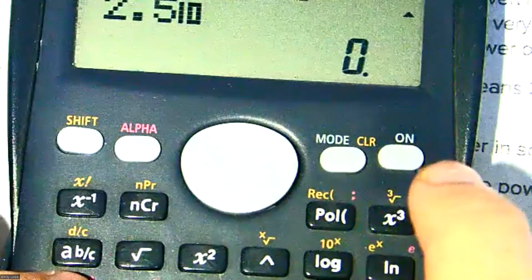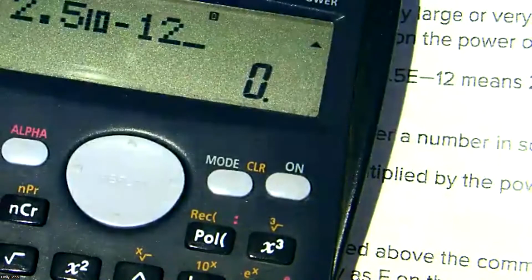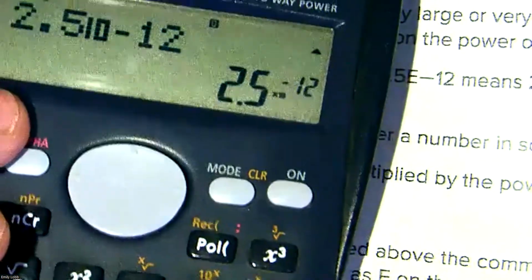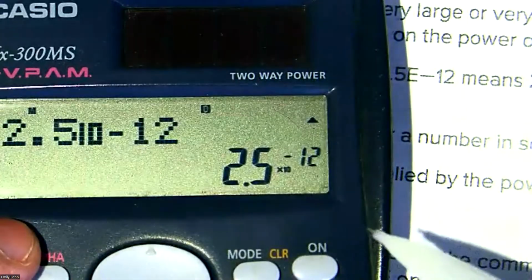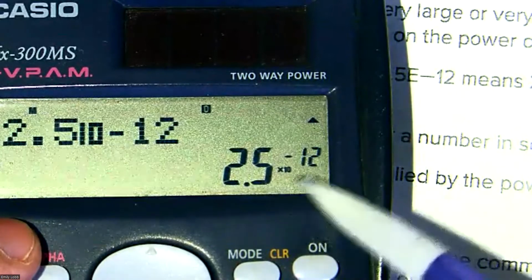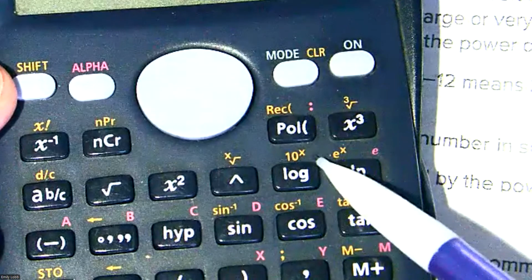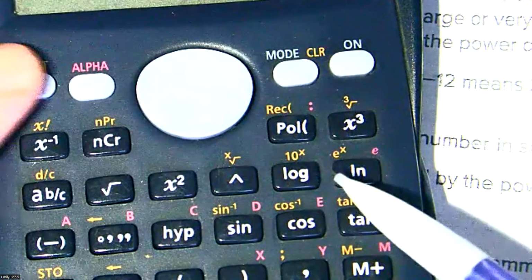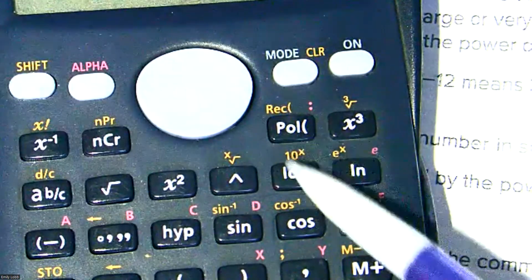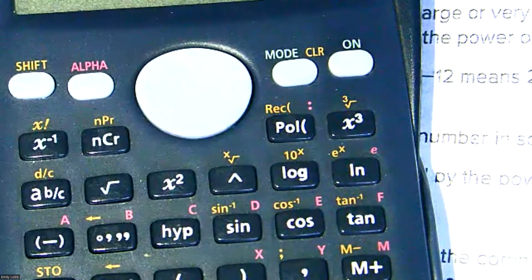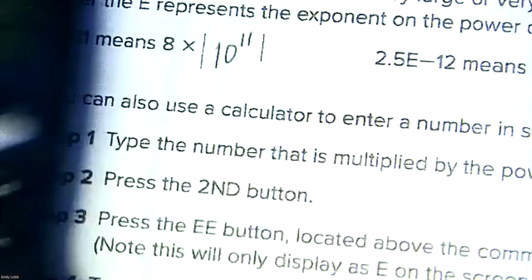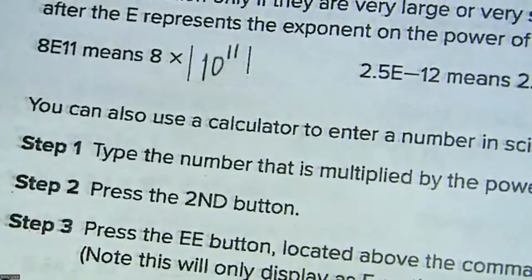And then I'm going to put negative 12, and see how it comes out to 2.5 times 10 to the negative 12. So it looks a little bit different here, but here's your 10 to the power of something. It's on your log. So if you hit shift, then it's that yellow button. And we'll have a little bit of chance to be practicing with those calculators today as well.